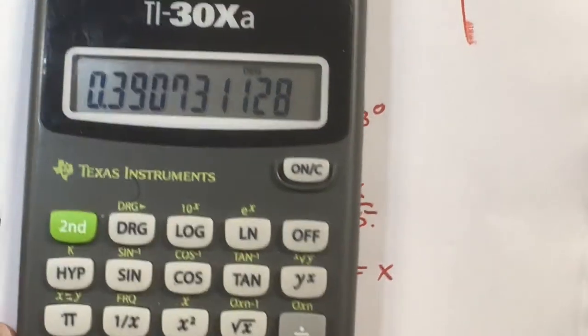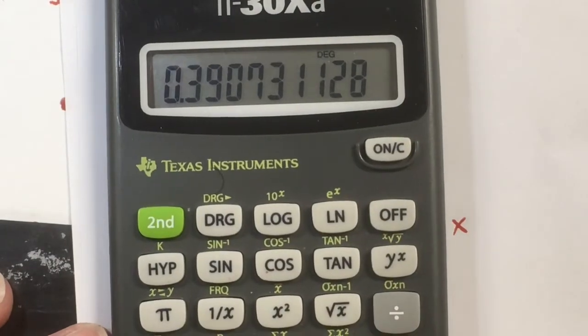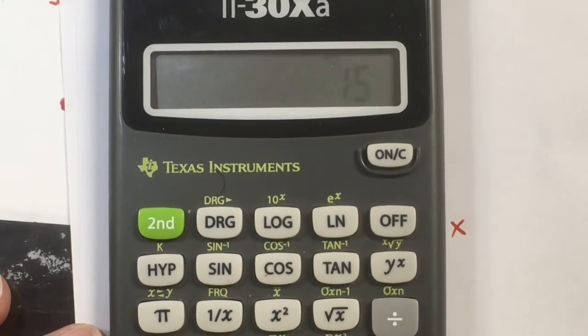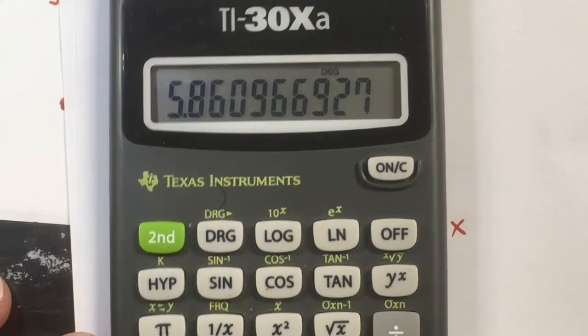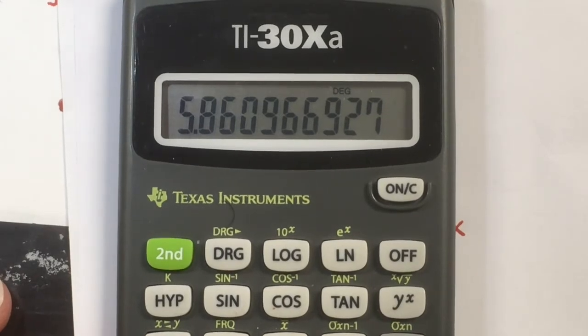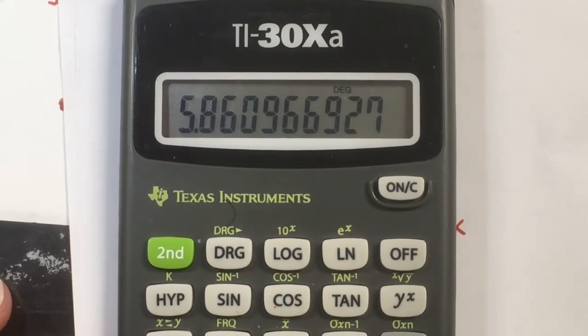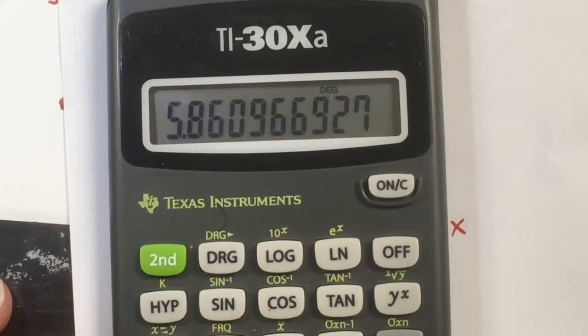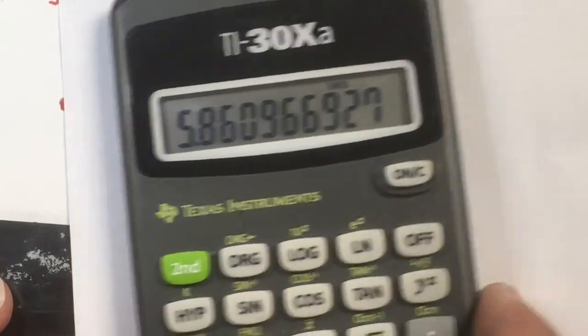If you have this kind of calculator, it's backwards. So anyway, you get the sine of 23 degrees, multiply it by 15, and you're done. The answer to this is 5.9 or 5.860966927... These are irrational numbers. They go on forever and ever and ever.